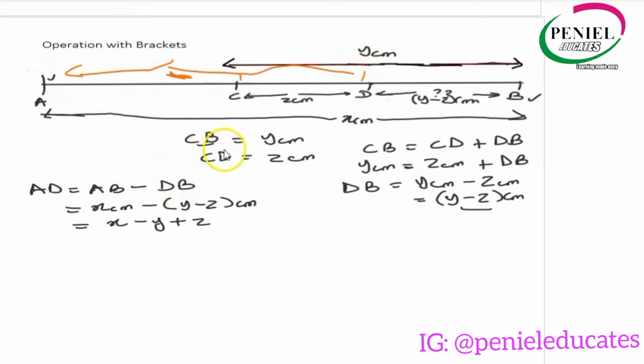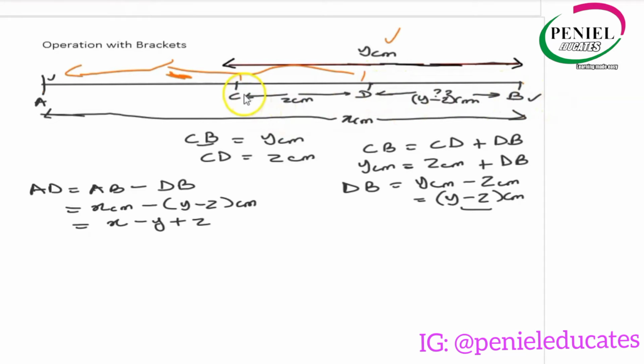And we're given our line CB. This CB, from C to B here, is given as y centimeter, and we're given CD to be z centimeter. So our line CB, from here to here, is actually CD plus DB.